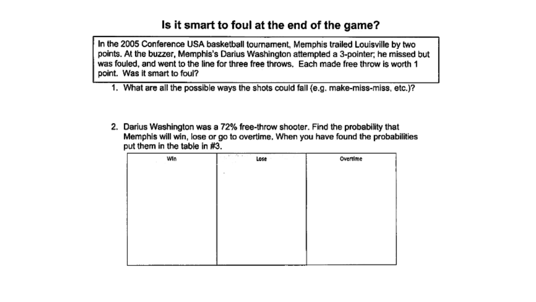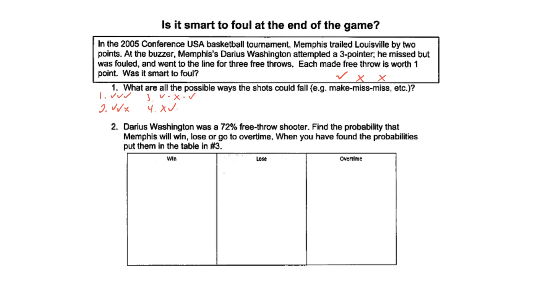I'm going to make a make be a check and a miss be an X, so that we can save a little space here. So one possible way that the shots could go is that he could make all 3 shots. A second possibility, he could make 2, miss 1. He could make the first one, miss the second one, make the third one, so still make 2.